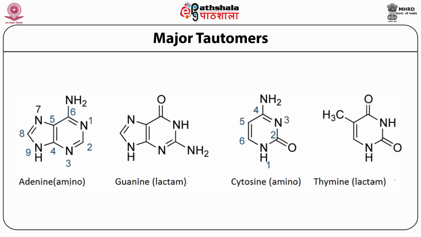We start numbering from N1, C2, N3, C4, C5, C6. The amino group NH2 is connected to C6. N7, C8, N9. The glycosylic linkage in purines is through N9.